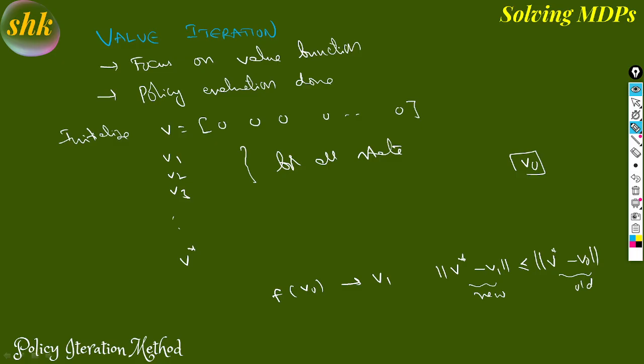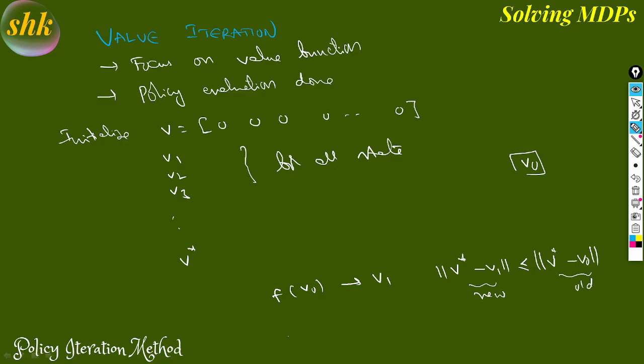So whatever the new value which you are obtaining, the difference between the optimal value function and the new value function is always less than or equal to the difference between the optimal value function and the initial value. For every two consecutive states, this equation is going to be valid. So for any iteration, let us consider k plus 1.